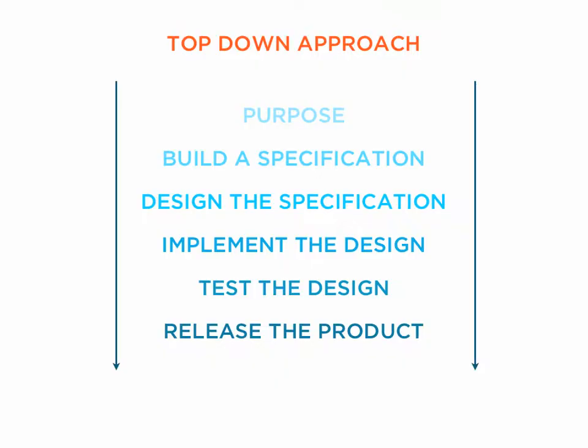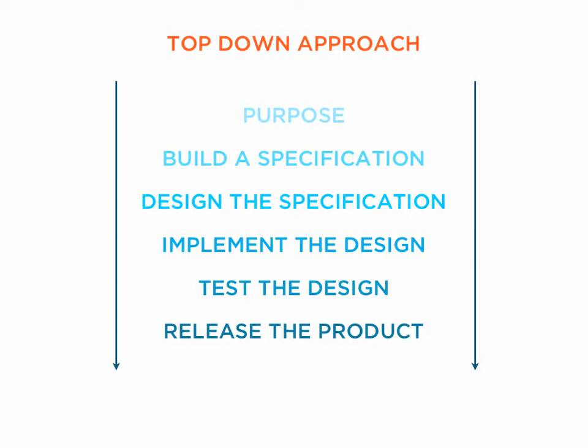So when you think about web design, very rarely are you just going to dive in and start designing the site. You really need to think about what the web design process is and how you're going to move through that. So I think of this as a top-down approach where we start with the most important element, which is purpose.